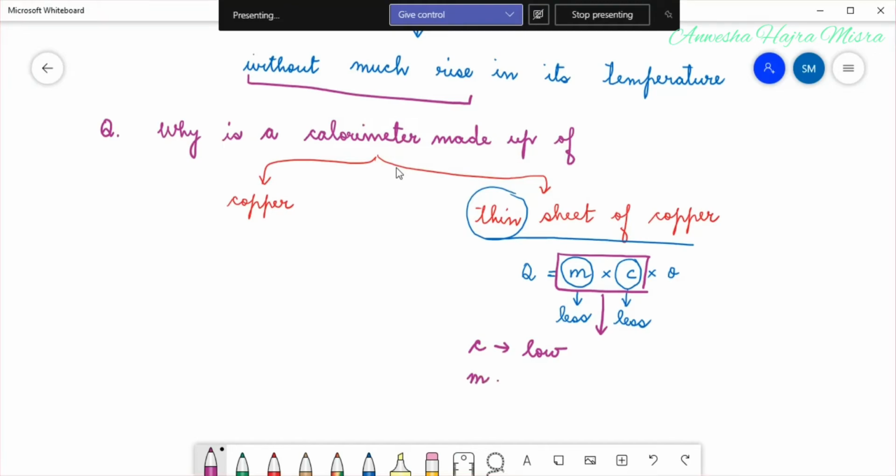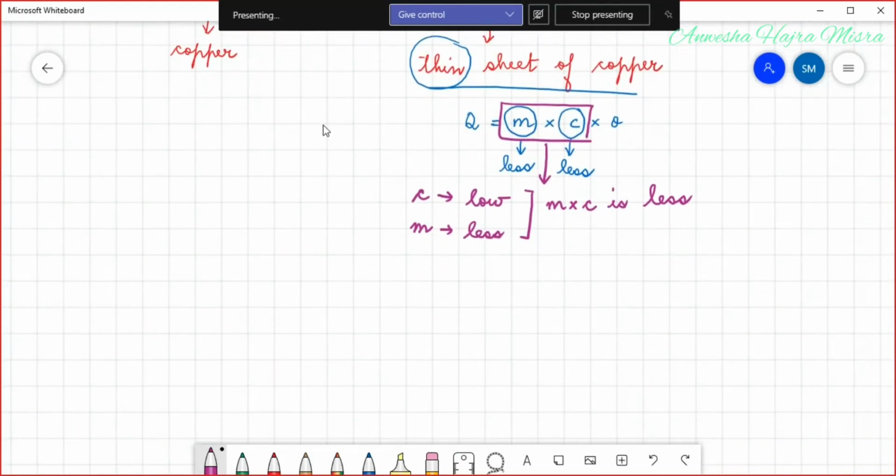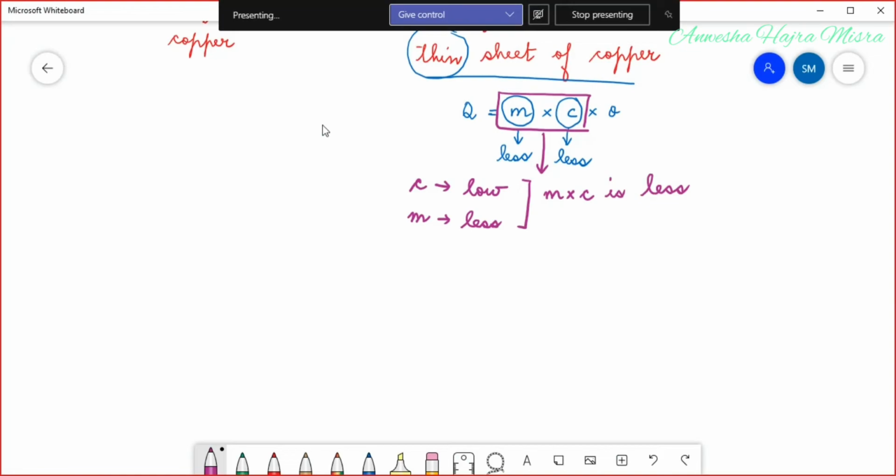So you have to write C is low. Since it is thin, mass is less, and the product M into C is less. That means we have to write that the thermal capacity is low. That is the keyword here. Thermal capacity becomes low.